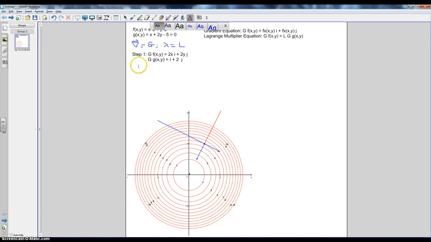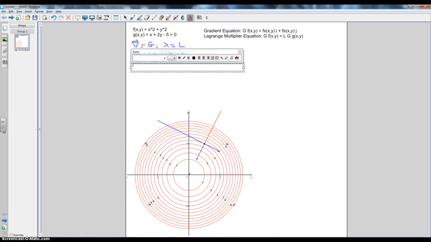Step 2, we use the Lagrange multiplier equation to set the gradient of f equal to lambda times the gradient of g. So 2x i plus 2y j equals lambda i plus 2 lambda j, if and only if 2x equals lambda and 2y equals 2 lambda.